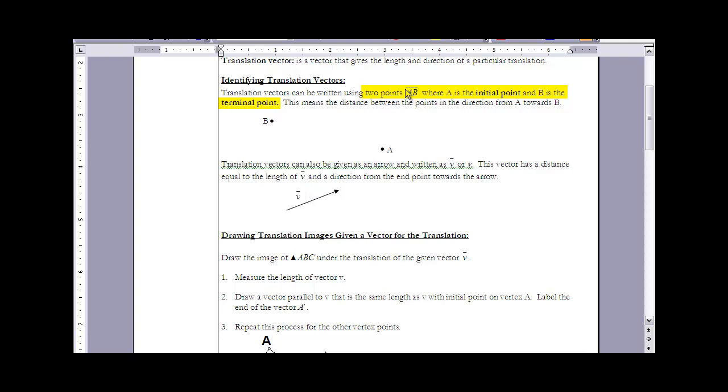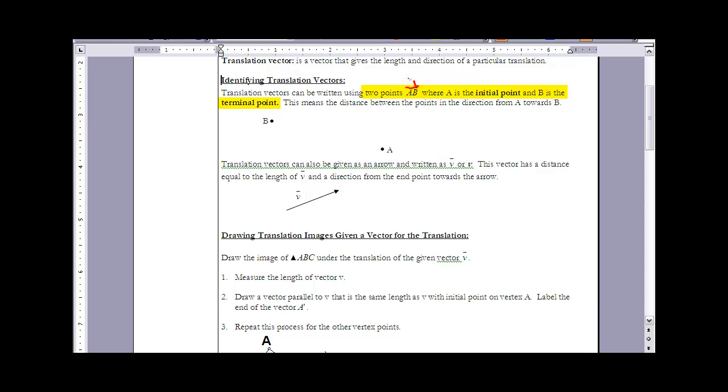Notice that when I write translation vectors, it's not just a line, it's a line with a little harpoon on the end of it, just one side of the arrow. Here A is the initial point and B is the terminal point. In other words, I start at A and I end at B.